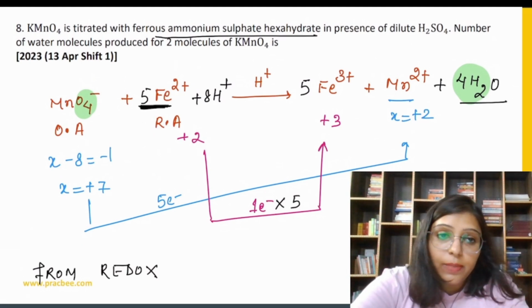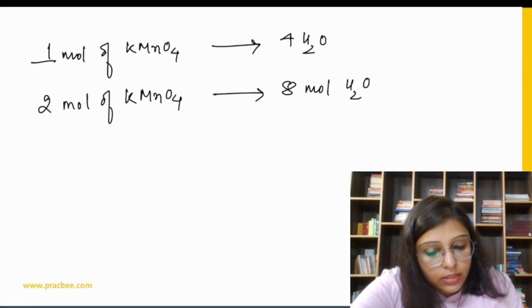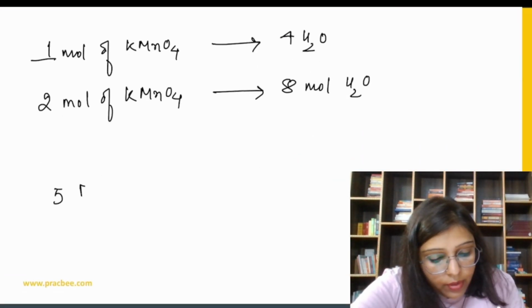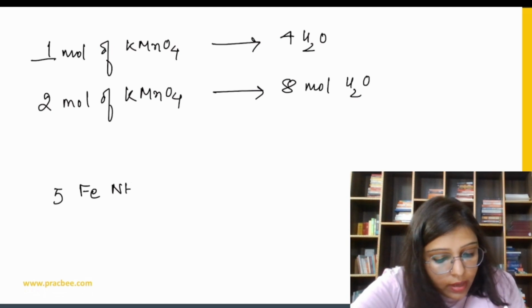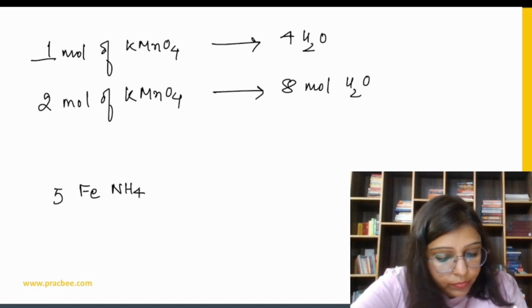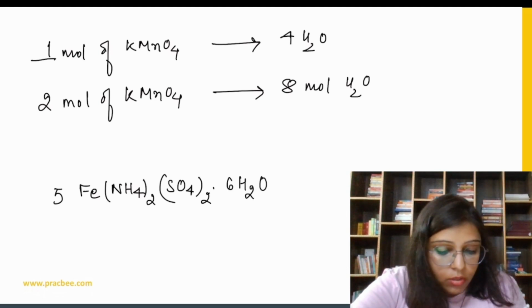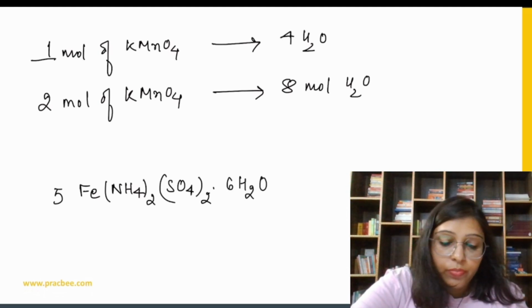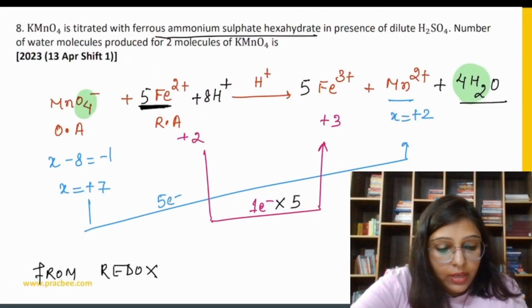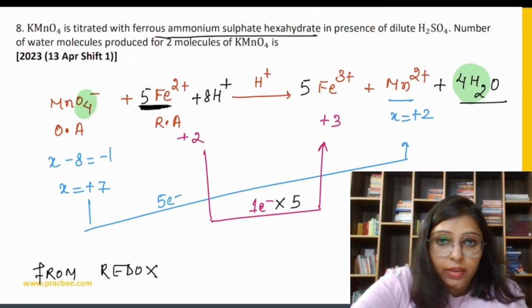When I put the spectator ions back, we get 5 Fe(NH4)2(SO4)2·6H2O, that is, here we have 5.